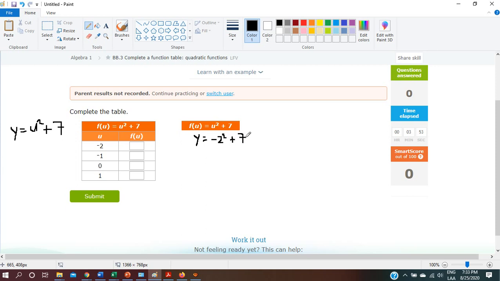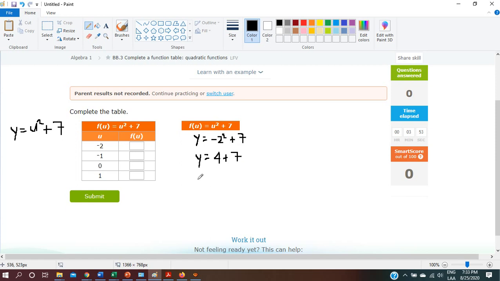All right, so now y equals -2 squared. What is that? -2 times -2 equals positive, because negative times negative equals positive, so it is 4. 4 plus 7.